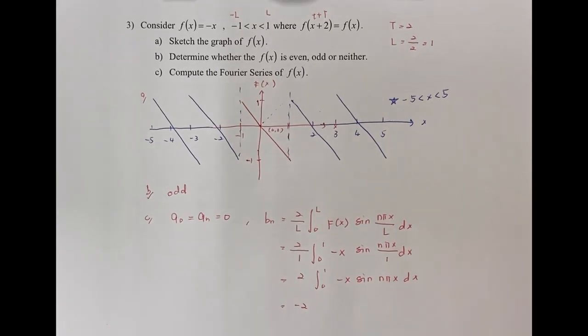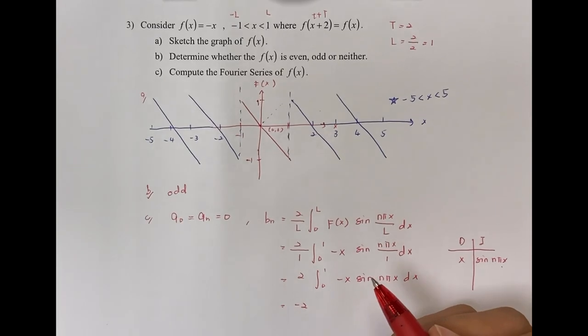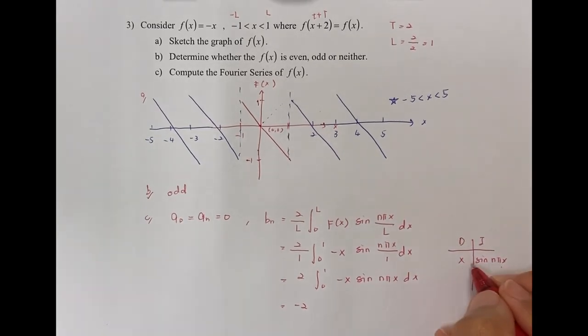So again, we use the tabular method involving differentiation and integration of x and sine n pi x. I move the negative to the 2, so negative 2. So I have x, 1, 0, with signs plus, minus, plus. Integrate sine n pi x to become negative cos n pi x divided by n pi, then negative sine n pi x divided by n pi square.